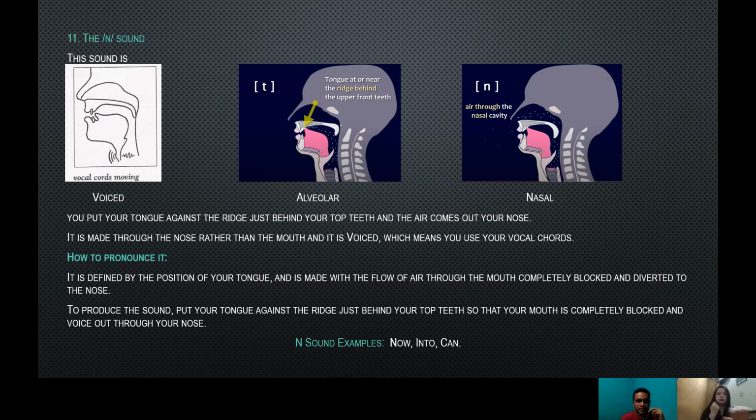It is defined by the position of your tongue and is made with the flow of air through the mouth completely blocked and diverted to the nose. To produce the sound, put your tongue against the ridge just behind your top teeth so that your mouth is completely blocked and you voice out through your nose. For example, mm, mm. Okay, some examples are now, into, can.